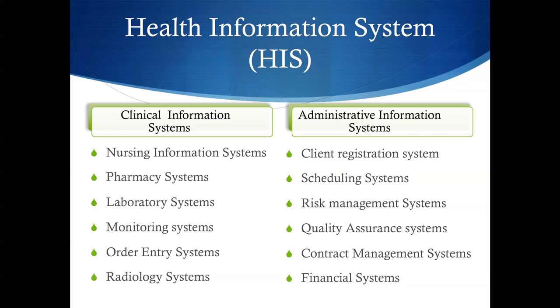Here on the right, we have examples of administrative information systems, which is a system that provides tools to support client care by managing financial and demographic information and providing reporting capabilities. For example, administration can look at cost analysis and find trends, which can be very valuable to decrease costs.